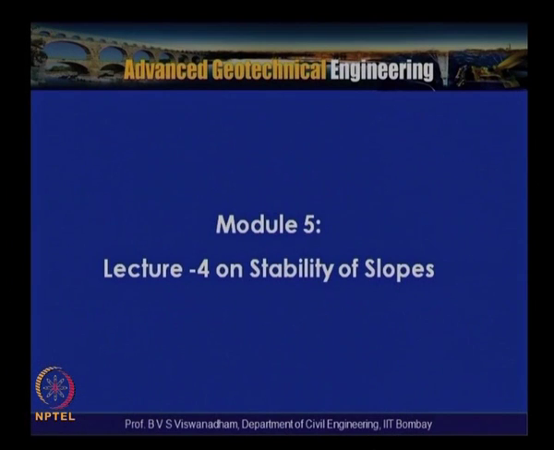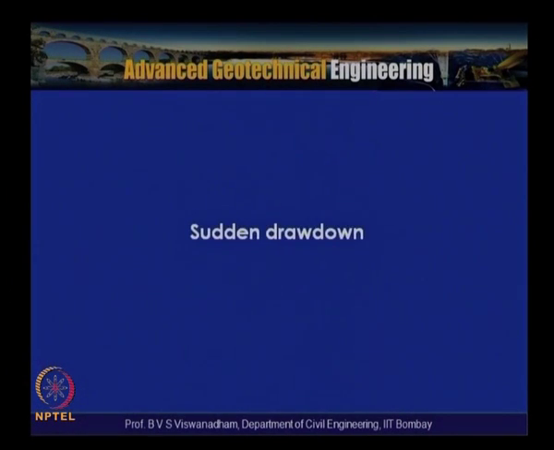So, this is lecture number 4 in module 5 on stability of slopes, and in this lecture we will be discussing at length the rapid drawdown condition, or sudden drawdown condition.